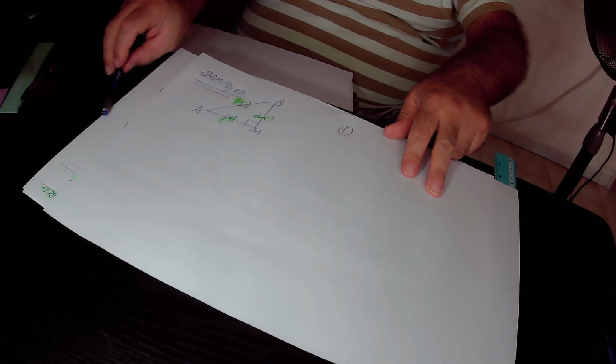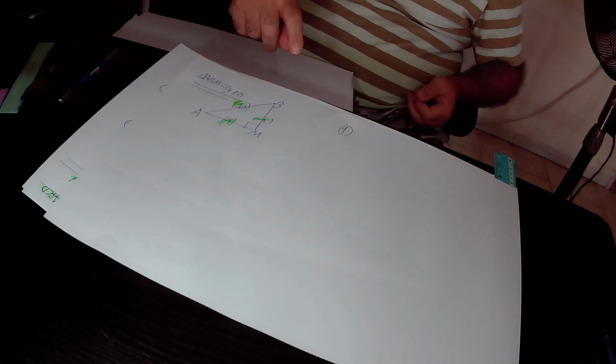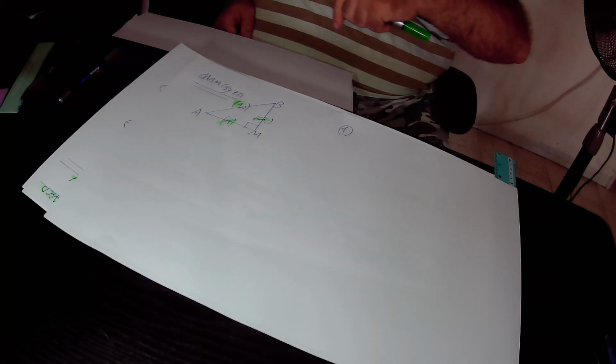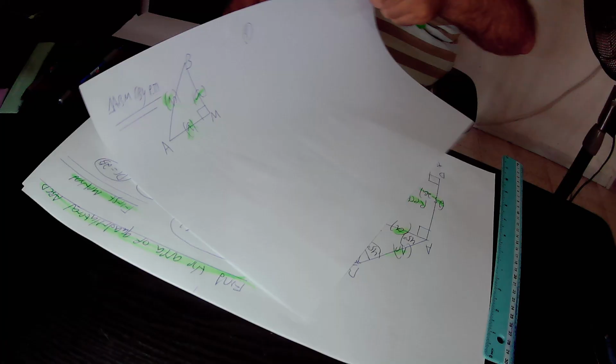In this small right triangle ABM, according to the Pythagoras theorem, BA squared, that is the square of the hypotenuse, equals BM squared plus MA squared. So I write it down.